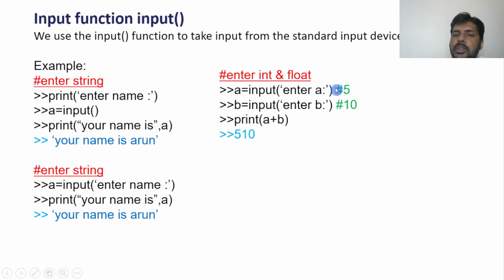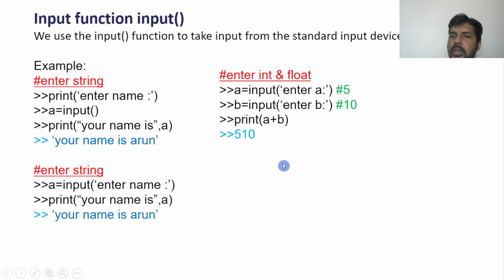The Python interpreter will consider all the input as a string. So that's why it is joining. This a is 5, b is 10, so it is joining both the texts and will give output as 510.